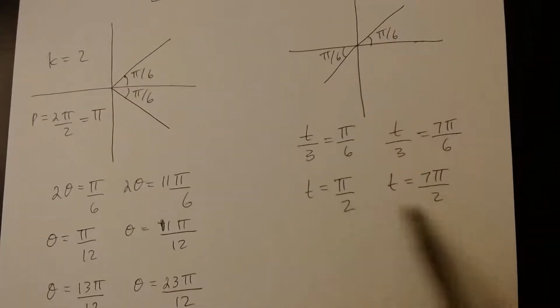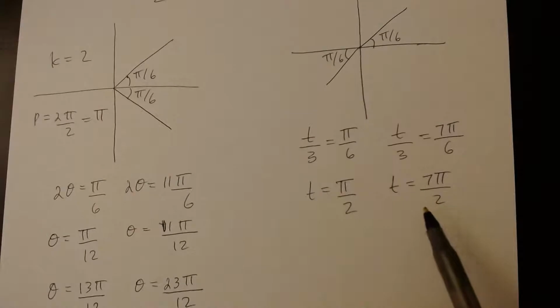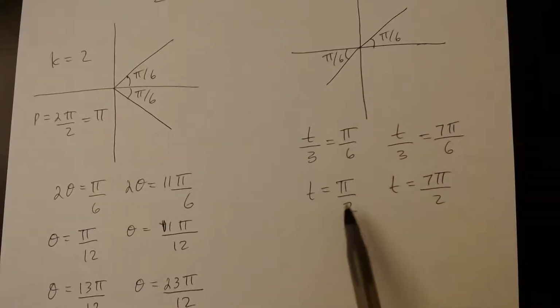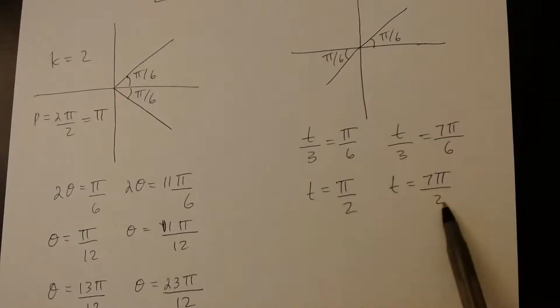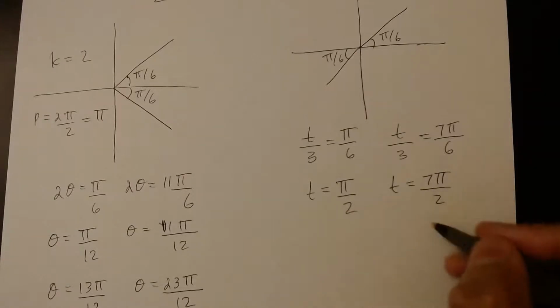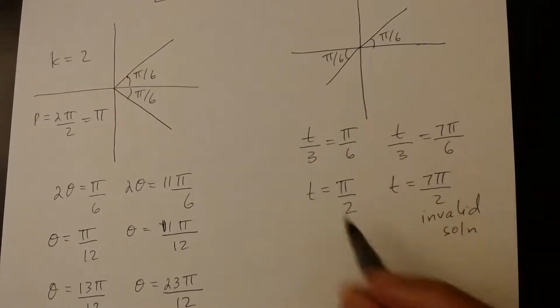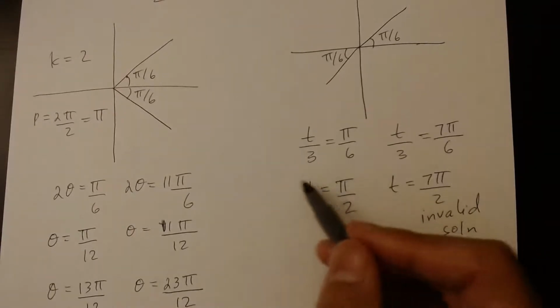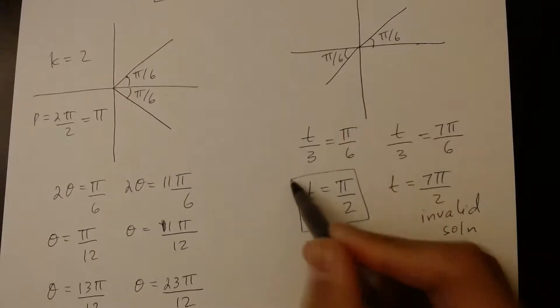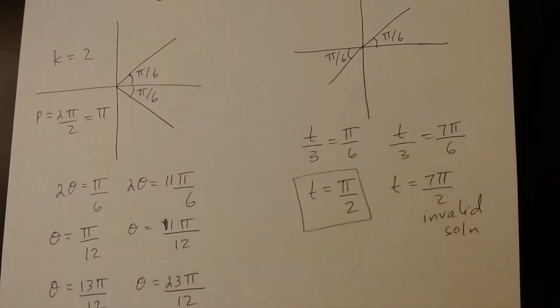Now let's evaluate these two solutions. So pi over 2 is definitely smaller than 2 pi. But 7 pi over 2 is much larger than 2 pi. So this is an invalid solution. And we actually have only one valid solution in this question, which is pi over 2.